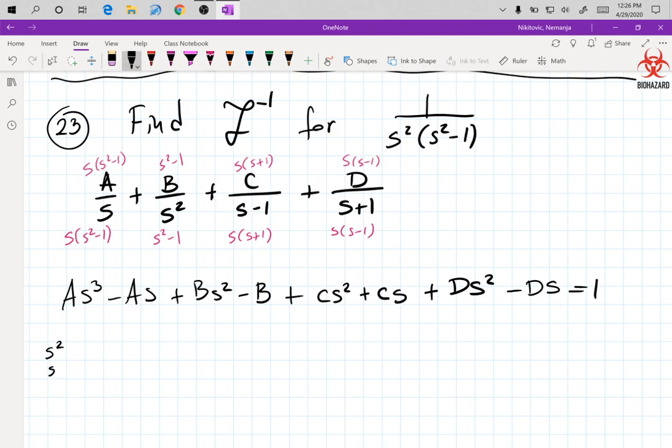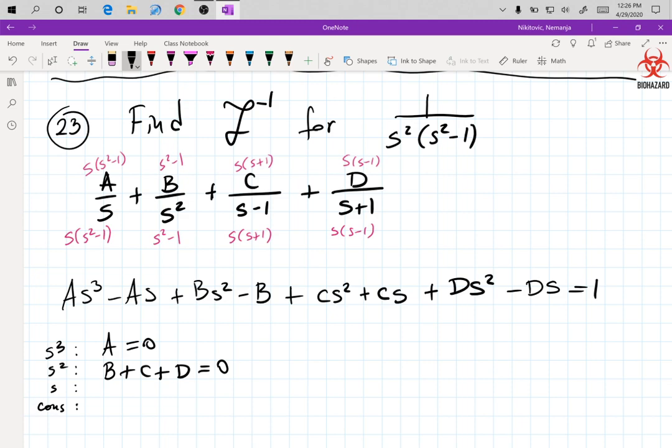We have s cubed, s squared, s, and a constant. A equals 0. Yeah, it was easy. Then I have B s squared, C s squared, D s squared, so B plus C plus D equals 0.